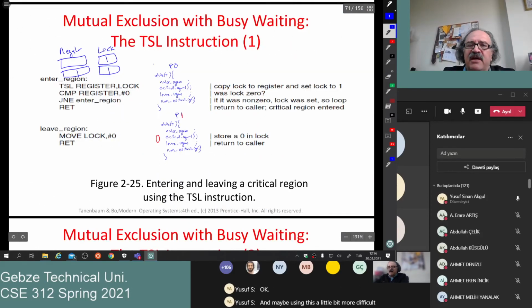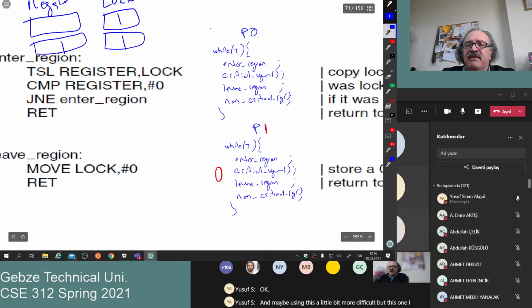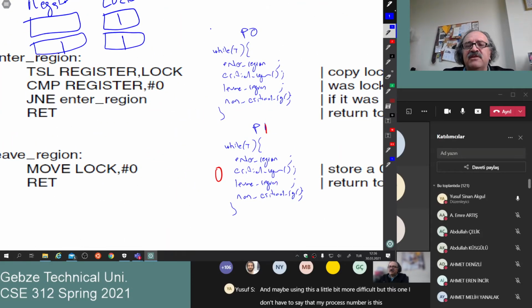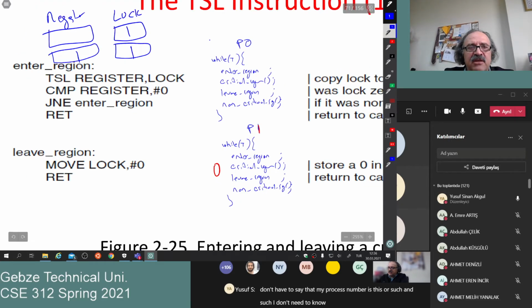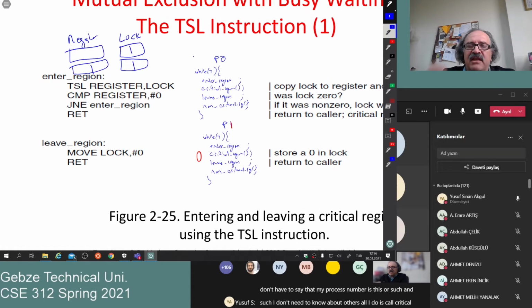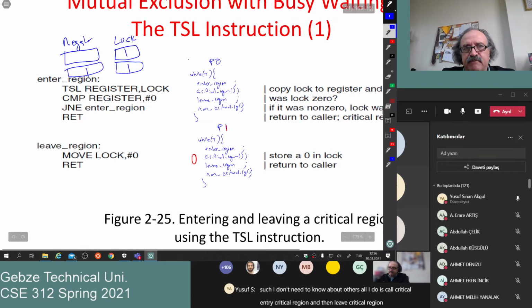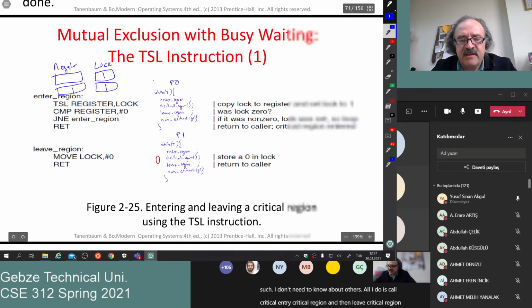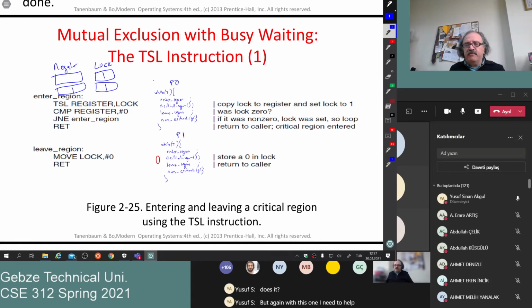But with this one, I don't have to say that my process number is such and such. I don't need to know about the others. All I do is enter critical region and then leave critical region. That's it. But again, with this one, I need help from the hardware.